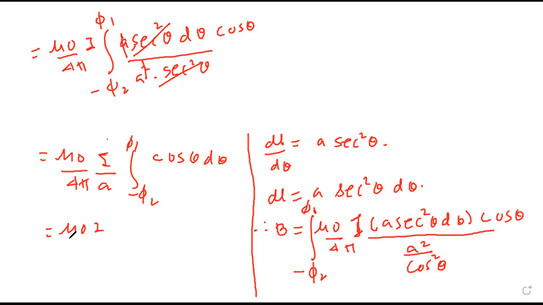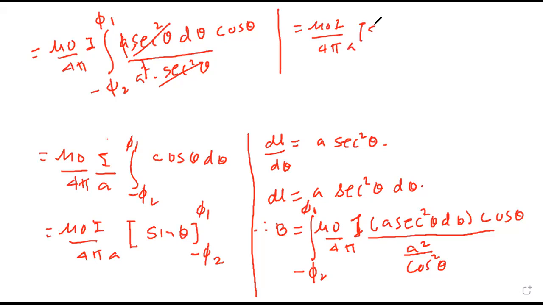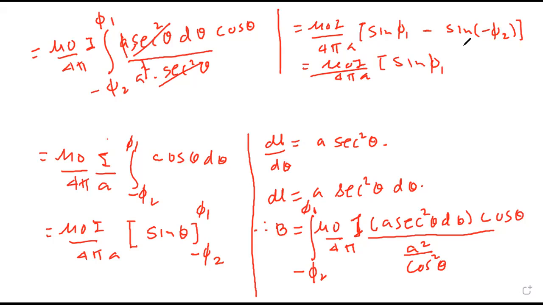That is mu naught I upon 4 pi A; the integration of cos theta is sin theta, with limits minus phi 2 to phi 1. So this is mu naught I upon 4 pi A, sin phi 1 minus sin of minus phi 2, that is mu naught I upon 4 pi A, sine of phi 1 minus minus sine phi 2.